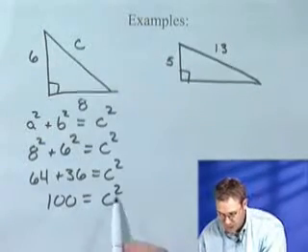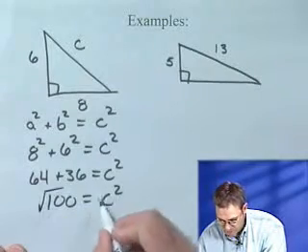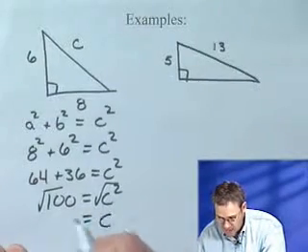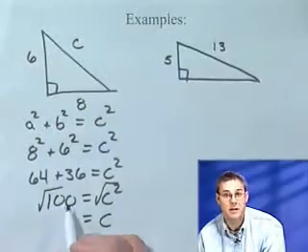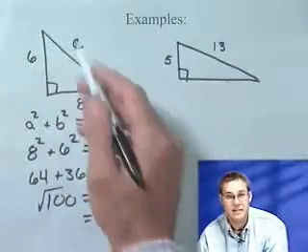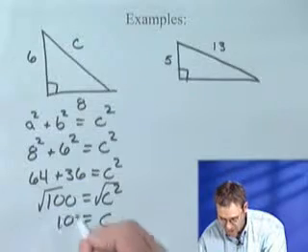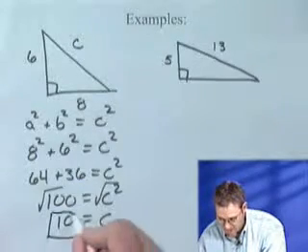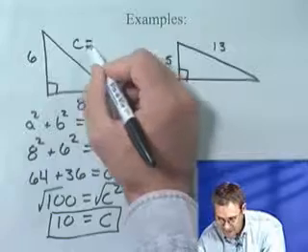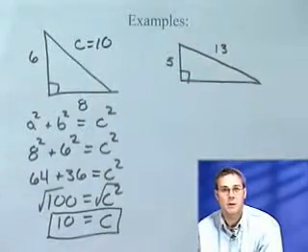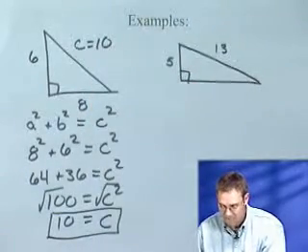Remember, to solve for C, we can take square roots. So C is equal to plus or minus the square root of 100. Well, since we can't have a negative length, the positive square root of 100 is just 10. Okay? So by the Pythagorean theorem, we found that the longest side is 10.